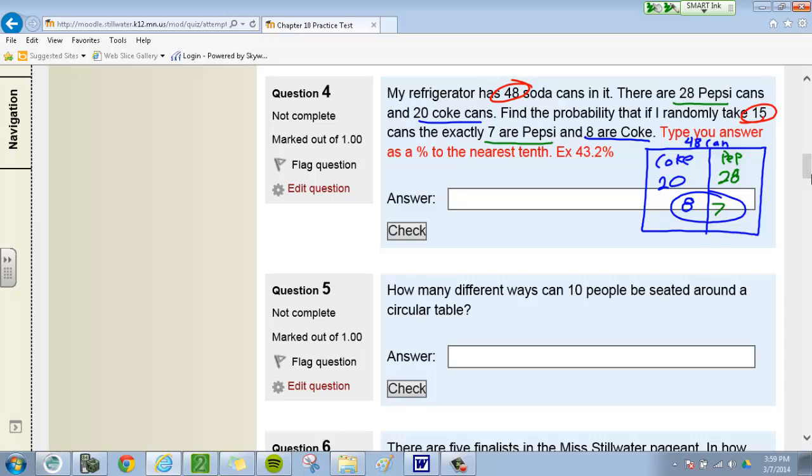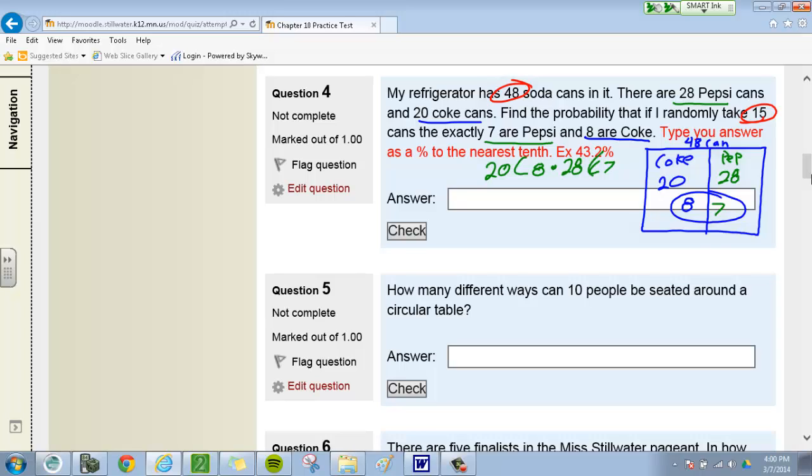Well, to do this, what you first have to do is figure out how many different ways you can choose this. How many ways can you choose 8 Coke cans from 20 and 7 Pepsi cans from 28? Well, that's in your calculator. It is 20 choose 8 times 28, this is the Pepsi one, choose 7.